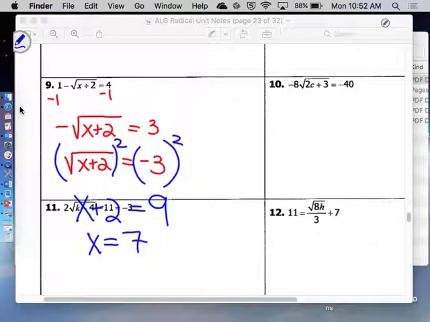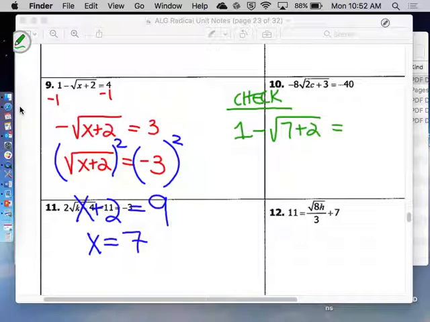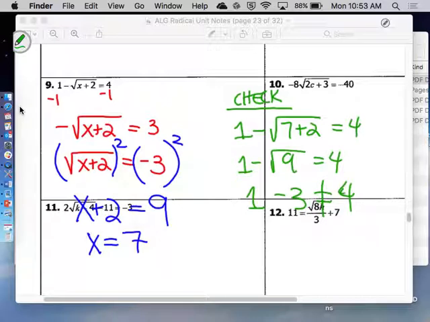If I put this back in for checking, here's my original equation. 1 minus the square root of x plus 2, with x being 7. So this is going to be 1 minus the square root of 9 equaling 4. And 1 minus 3 does not equal 4. So this is an example of what you would call an extraneous root.